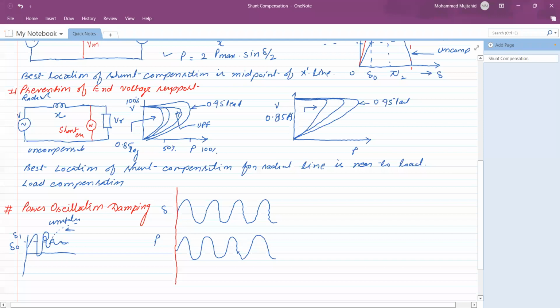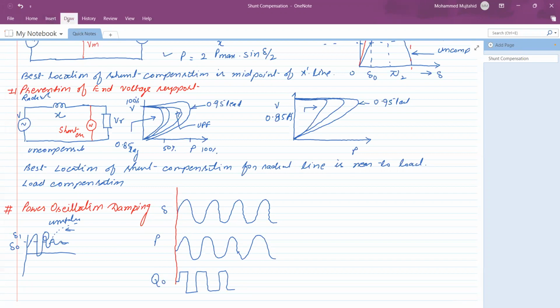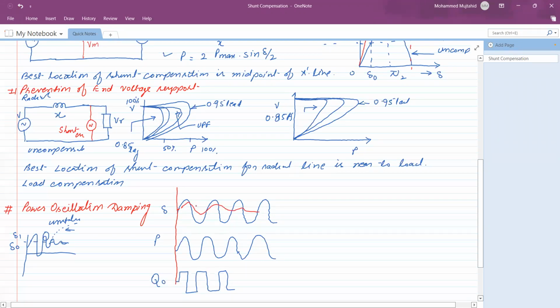Now, if you connect shunt compensation, this shunt compensation provides the proper kVAR, meaning the reactive power, in the system in such a way that it pumps the reactive power to die out the oscillations as early as possible. So because of this, it will take the new value of oscillations and die out earlier. So this is the damping. Similarly, it will occur for the power also, and it will die out the oscillation and the system becomes stable.